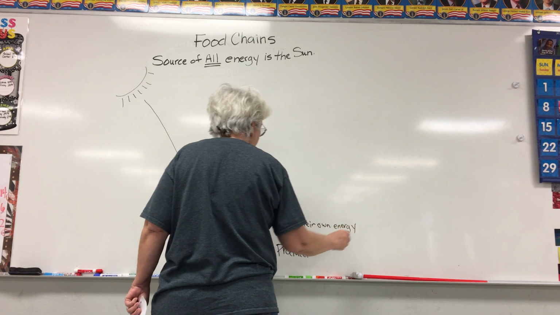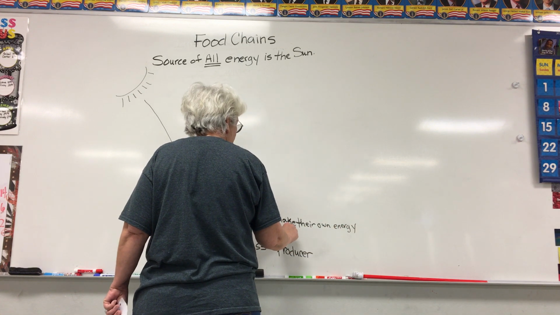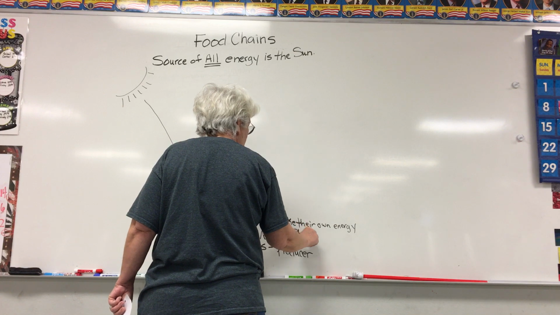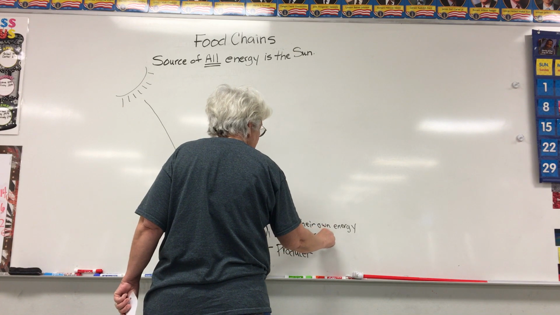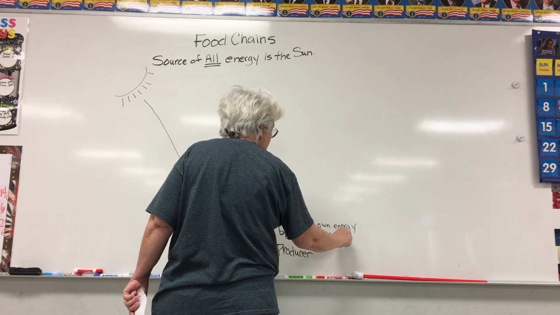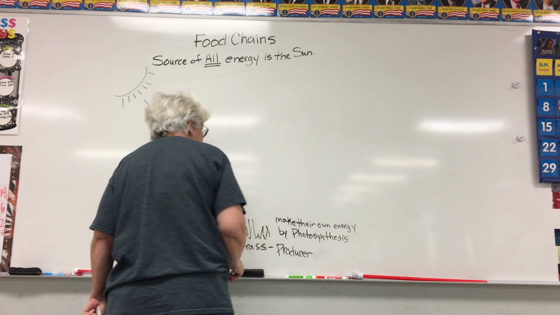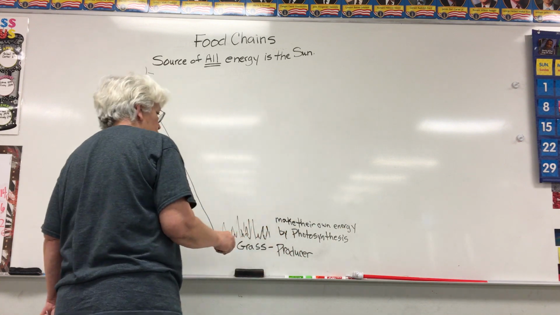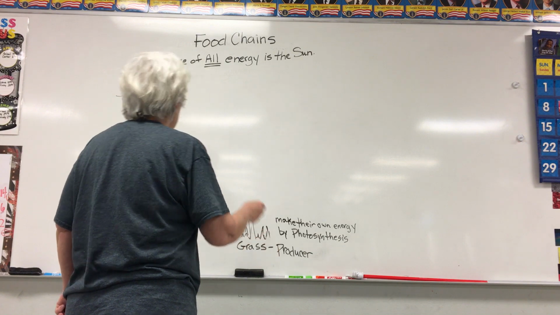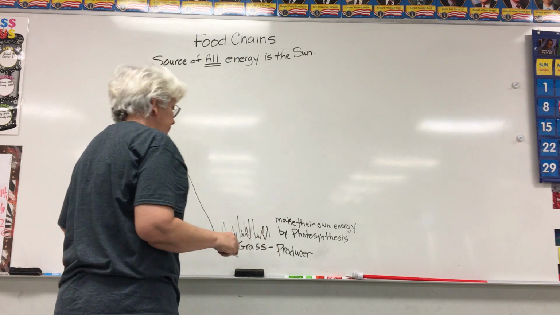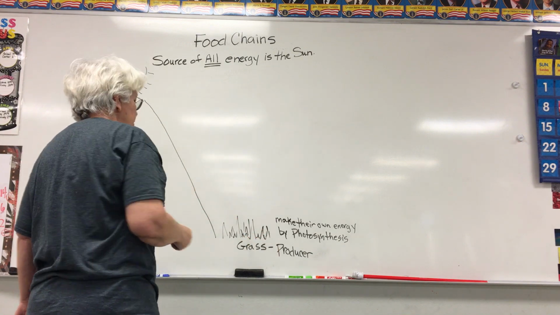How? Remember, it's another P word. By photosynthesis. Photosynthesis is when a plant makes their own energy, and they do that through the sun. They can't do it without the sun.